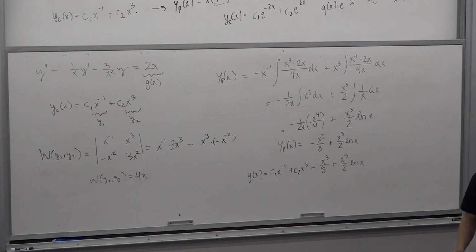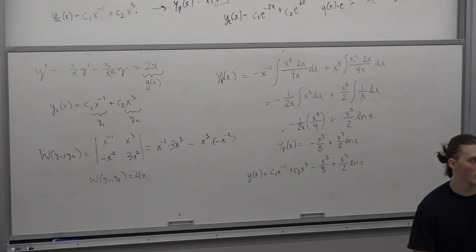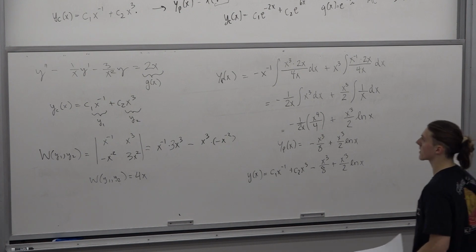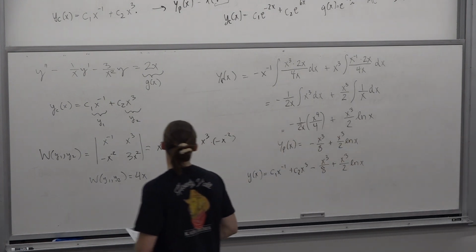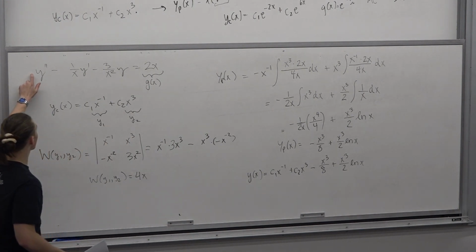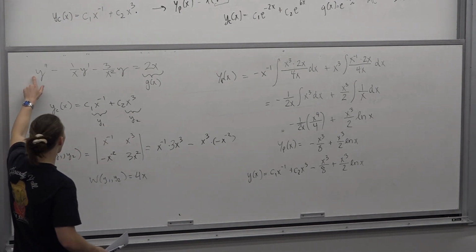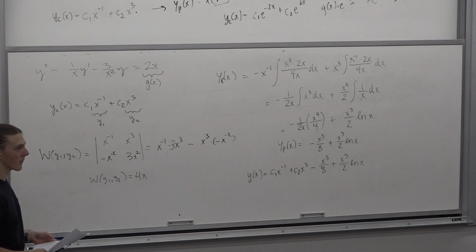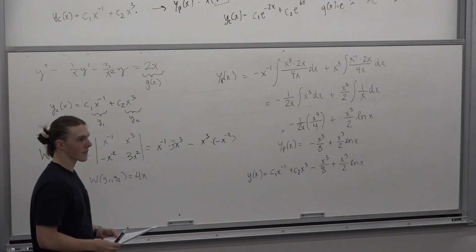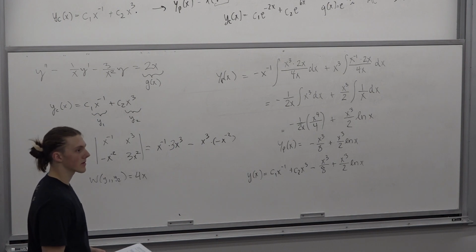So there we have the method of variation of parameters for Cauchy-Euler equations. This is something you might see on your exam, and I think the hardest part is just remembering that before we start variation of parameters, y needs to have a coefficient of 1. Is that the only restraint for variation of parameters? Yeah, pretty much.